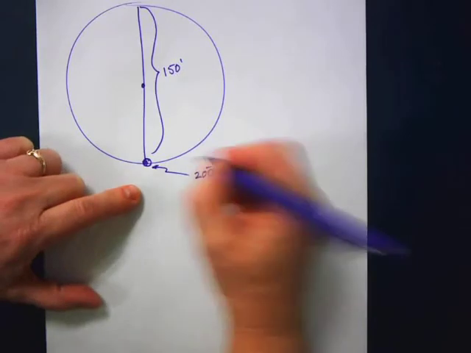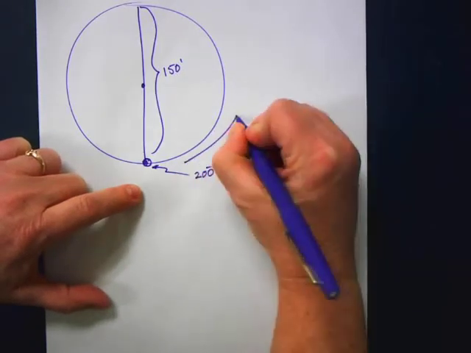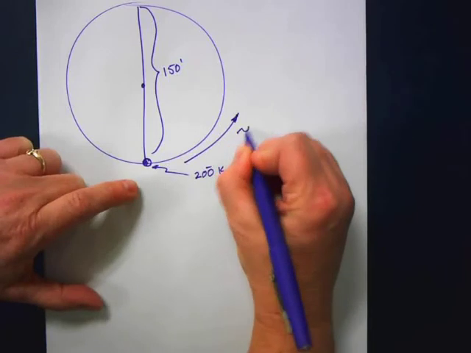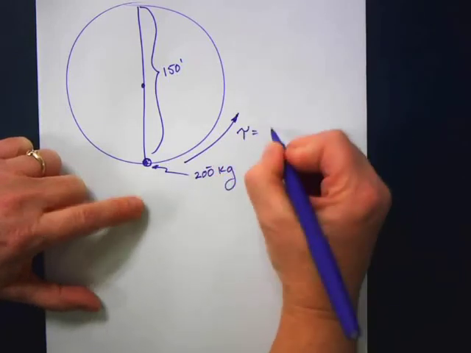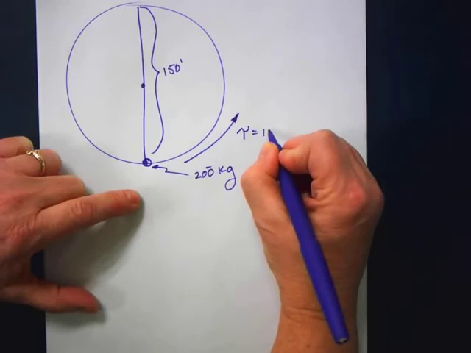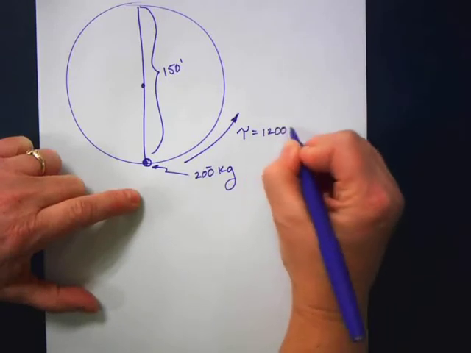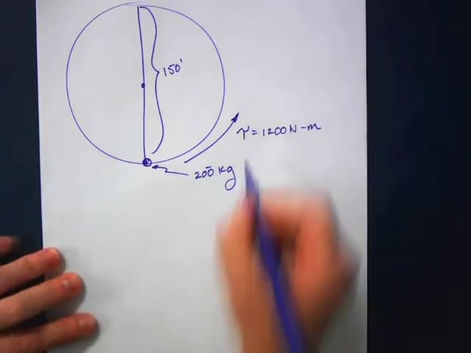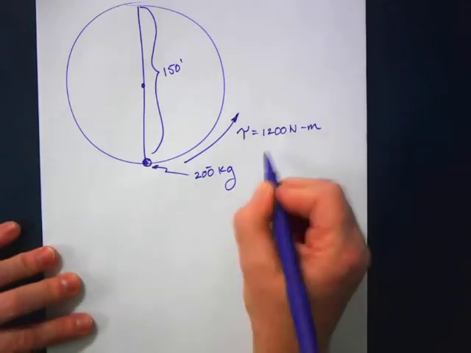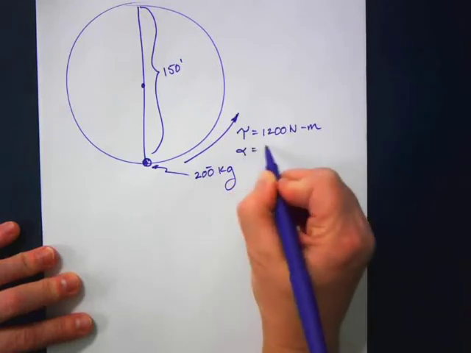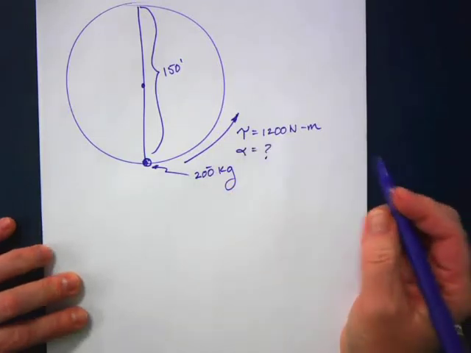And when the Ferris wheel starts up, it produces a torque of, I don't know, let's say 1,200 Newton meters, okay? And I want to know if the Ferris wheel produces that much torque, what's the angular acceleration?